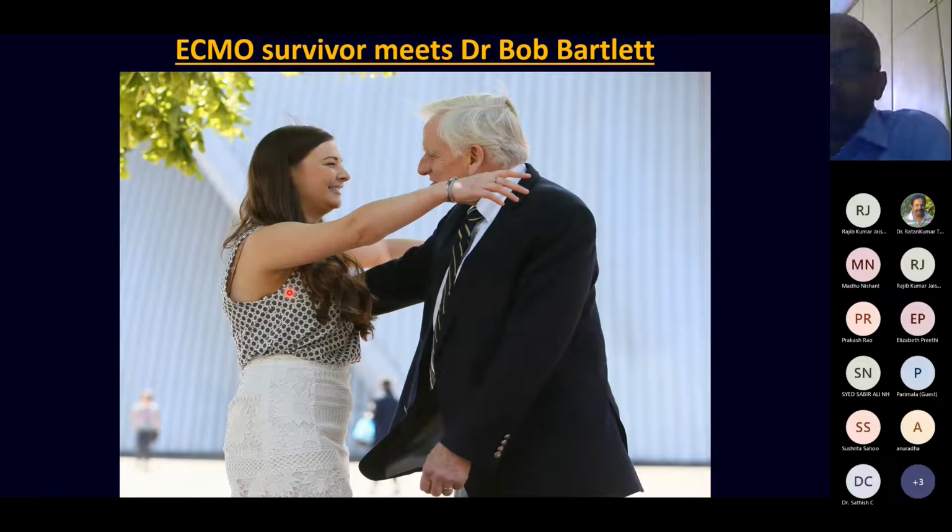She had an epileptic seizure and drowned in the bathtub, and she went into circulatory collapse and was put on ECMO. She was on life support for 14 days, and she made a complete neurological recovery. And you can see the bubbly lady bubbling with life, which is a success story of ECMO.